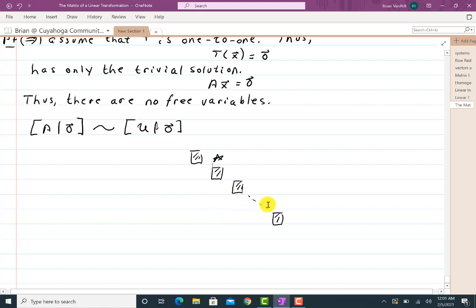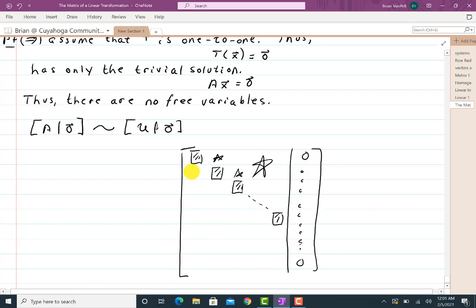So they can't skip any columns. Of course you can have zeros down here, even rows of zeros. That's okay. But you can't have columns that do not have a pivot in them.